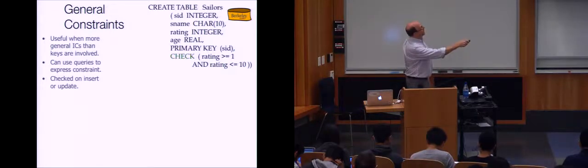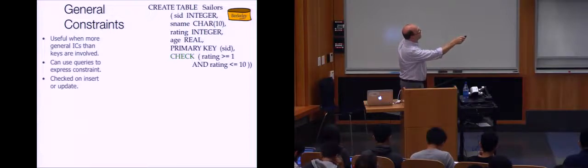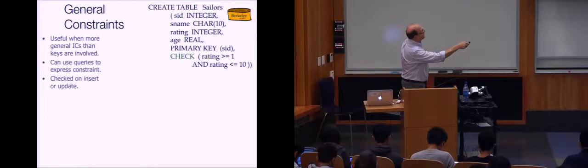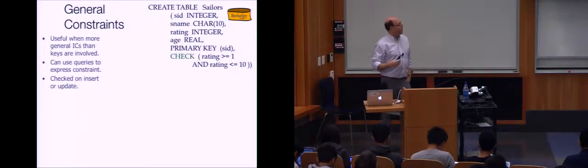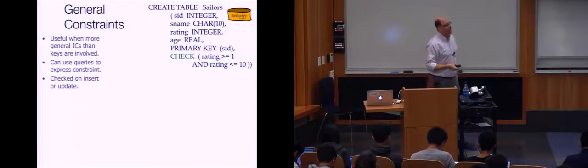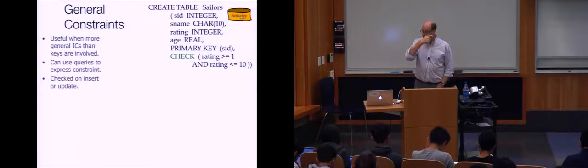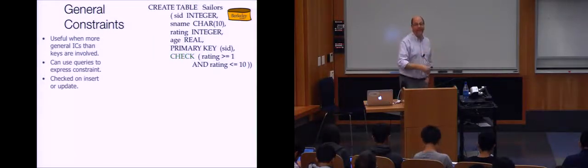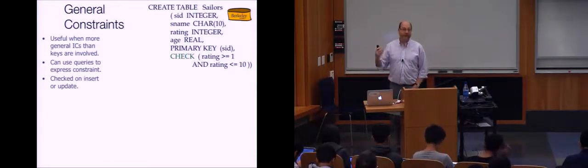This is something called a check constraint. Here we created the table sailors. It's got the stuff that the sailors table has. The primary key is the sailor ID. And we want to check that the rating is between 1 and 10, so you're not allowed to have a sailor whose rating is 11 or 0 or -5.